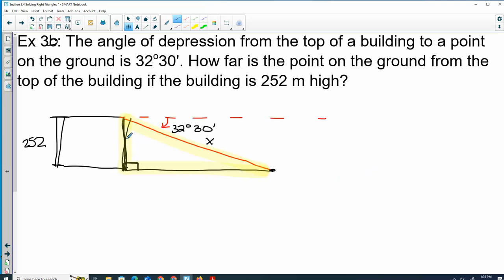We know the side in our triangle, this is our 252. We need an angle. If this angle is 32 degrees 30 minutes, that means this one down here is 32 degrees 30 minutes.